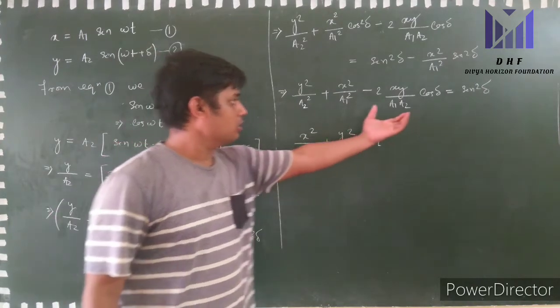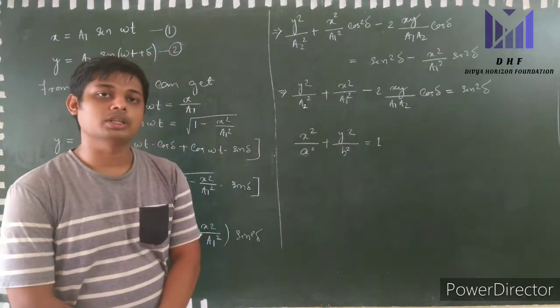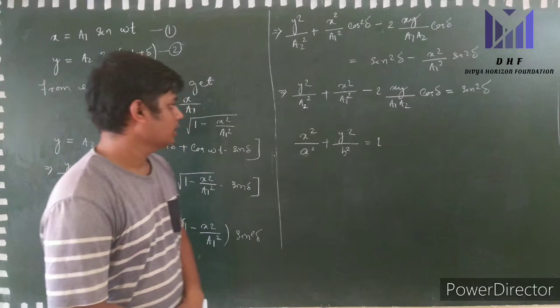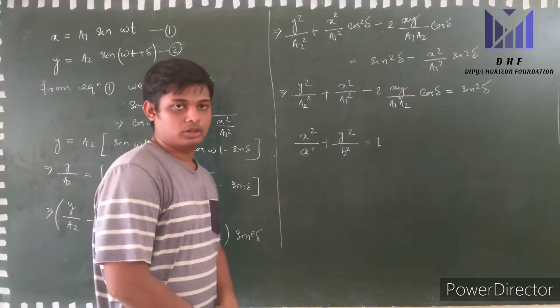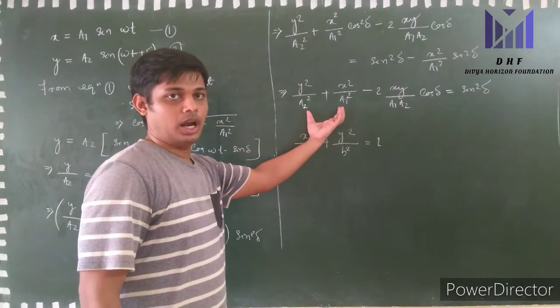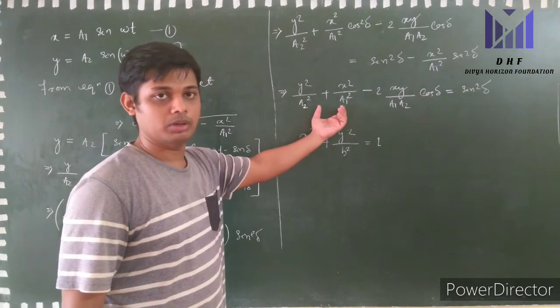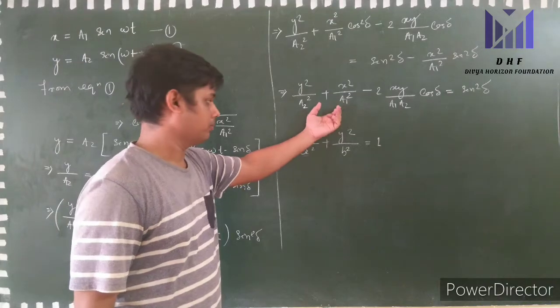But due to presence of this term, this ellipse is not symmetric about x-axis or y-axis. So the shape of the figure will be the shape of an ellipse, but the orientation will be something different.